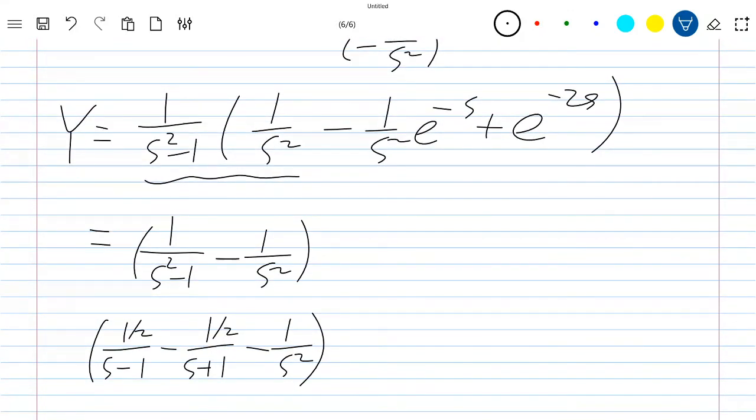Alright, so that's the first term completely in partial fractions. I just use this form, and the second term is exactly the same.